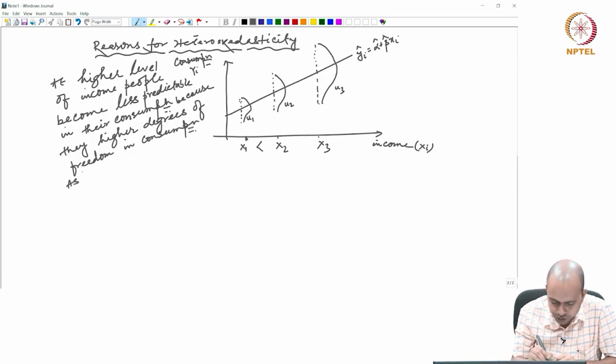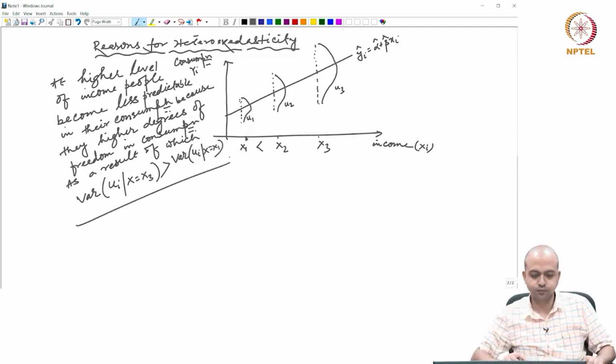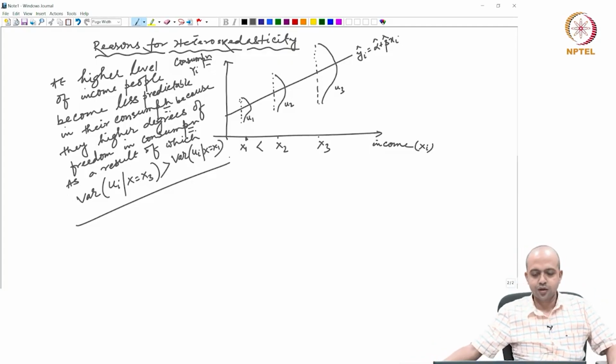As a result, variance of ui given x equals x3 is much higher than variance of ui given x equals x1. Okay? That is the reason.